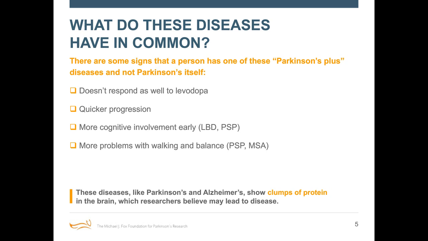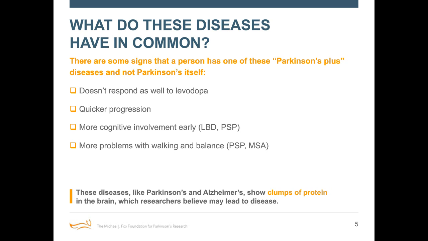In some of the atypical Parkinsonian disorders we'll be talking about, particularly dementia with Lewy bodies and PSP, there's more cognitive difficulty earlier on. We'll talk about the specific types of that. That is really less true for multiple system atrophy.